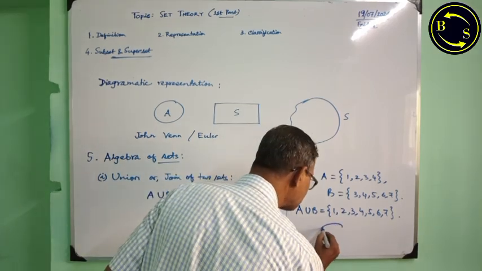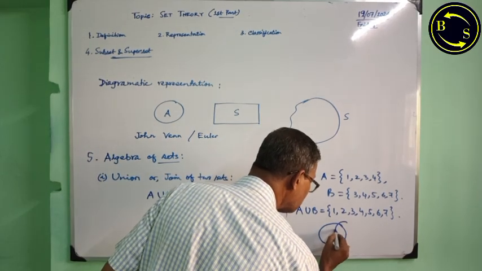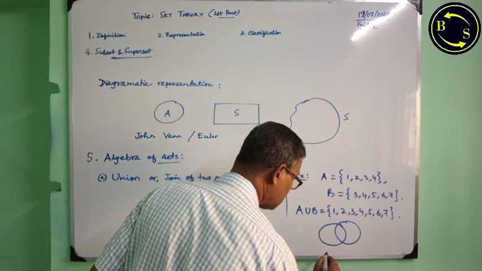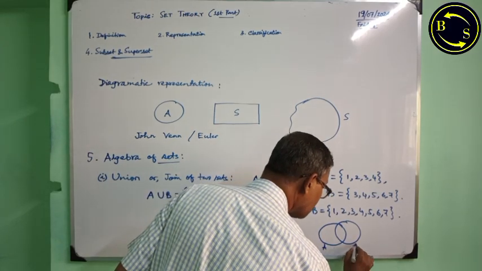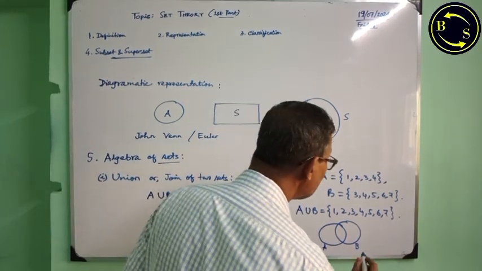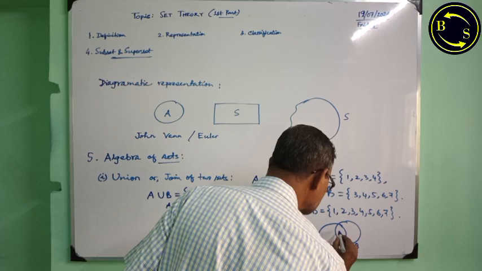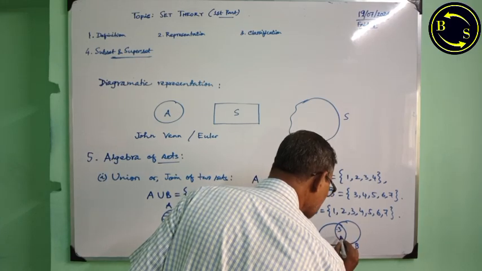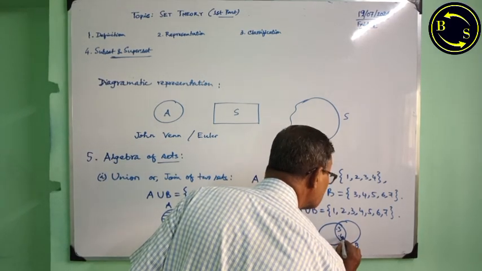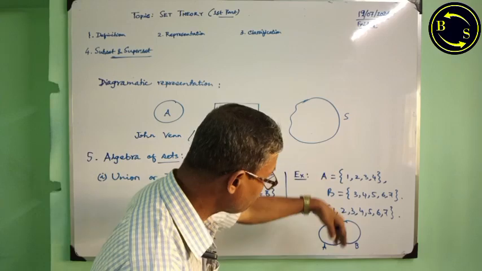Thus, if I express that, what are the common members? 3, 4 are the common members, by putting dots.